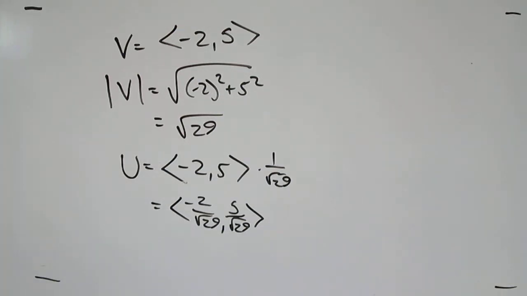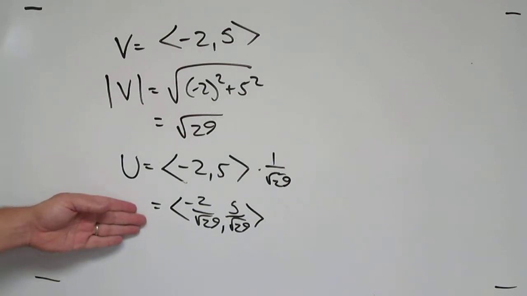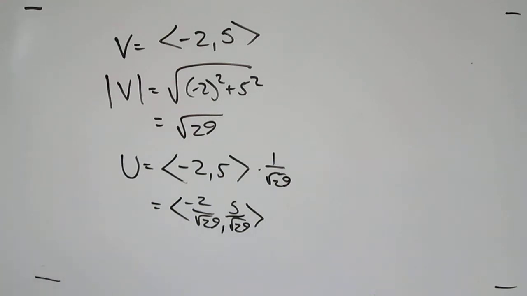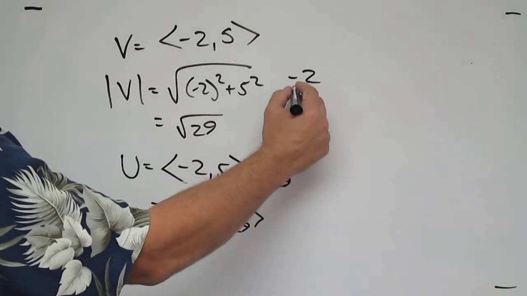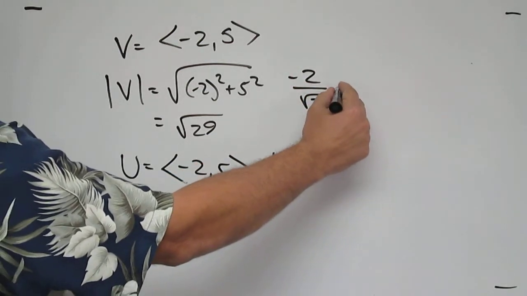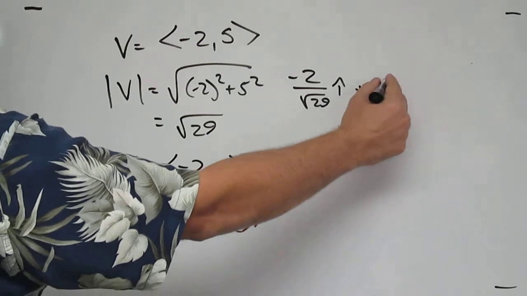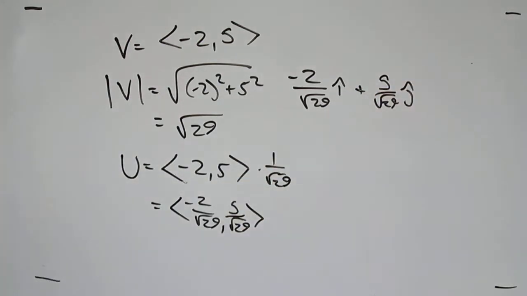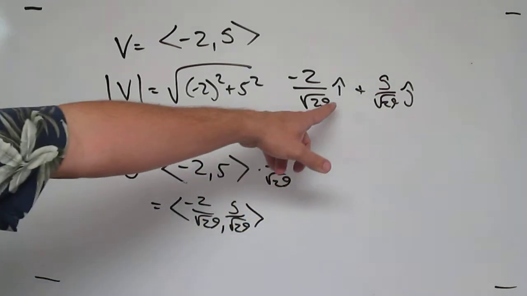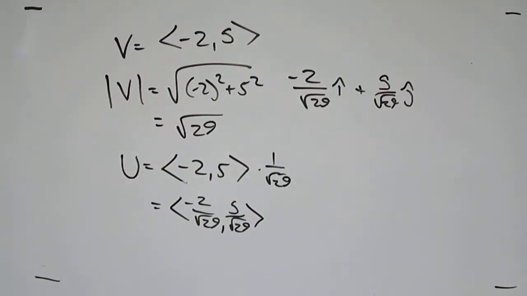Sometimes, if you remember from Algebra 2, we wrote these in vector form. We would say things like negative 2 root 29 i hat plus 5 root 29 j hat. This book does the same notation, except instead of having the hats, they just make things bold. So just be aware that that's what they would do whenever i and j represent the standard unit vectors.